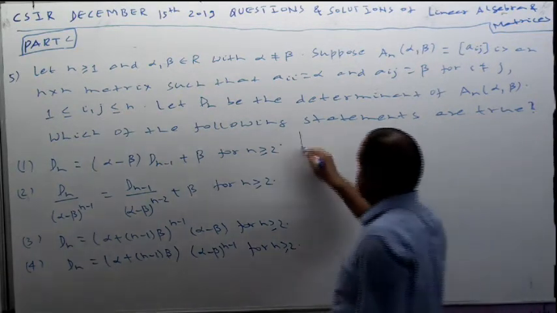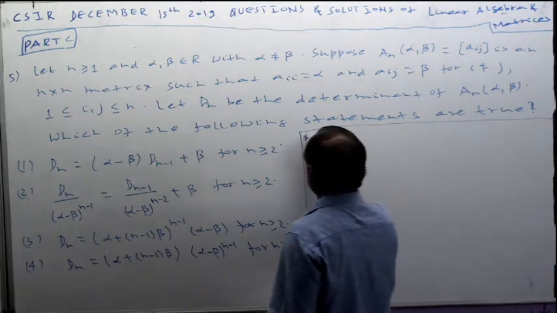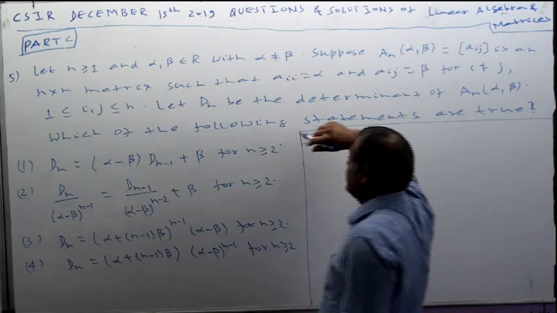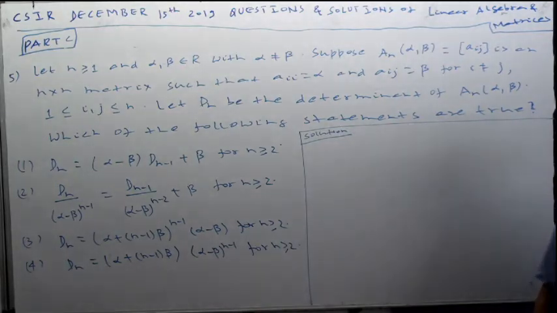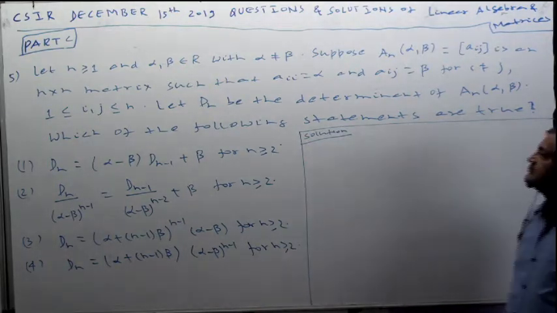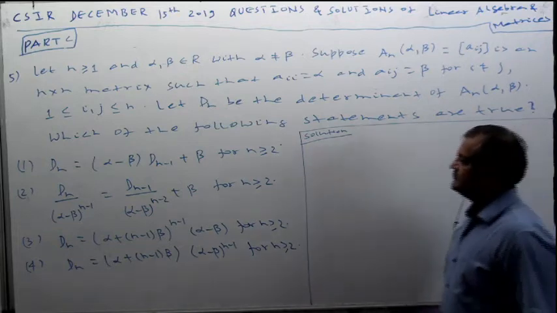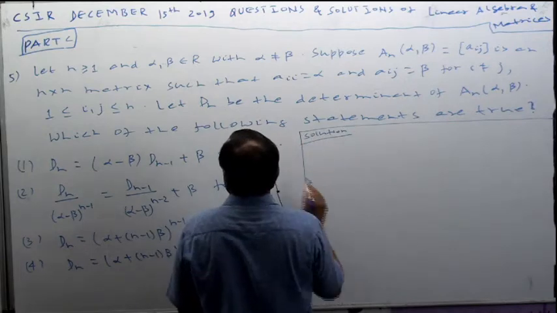I have this much space for the solution. For the solution part, first of all, you have to write your matrix. Fine. Dn is the determinant of this matrix.